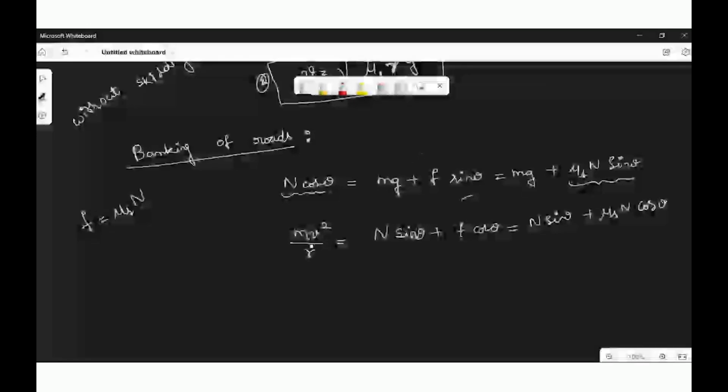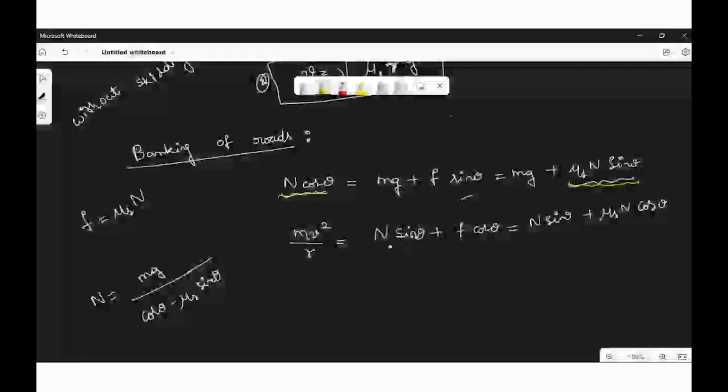Do you agree? So I can write N is equal to mg divided by cos theta minus mu s sin theta. I have regrouped these two terms, taken N common, then you get cos theta minus mu s sin theta, and mg divided by that. So that is one equation.